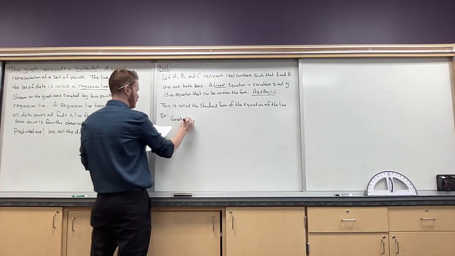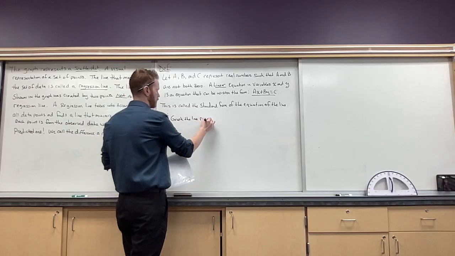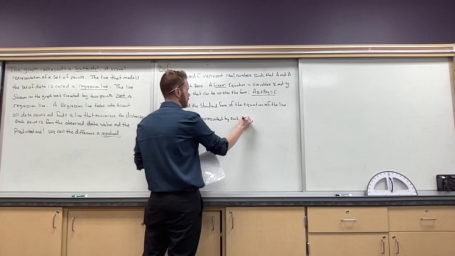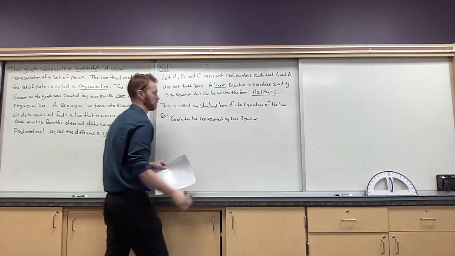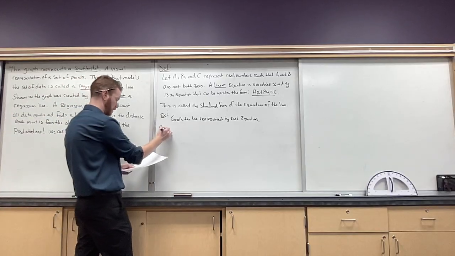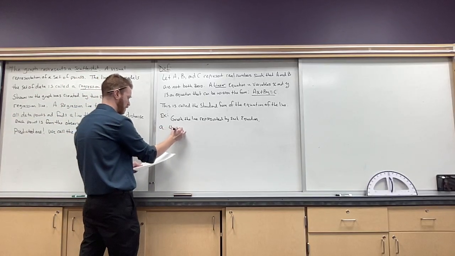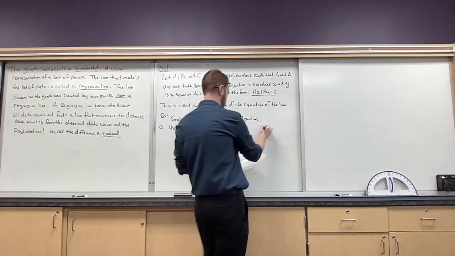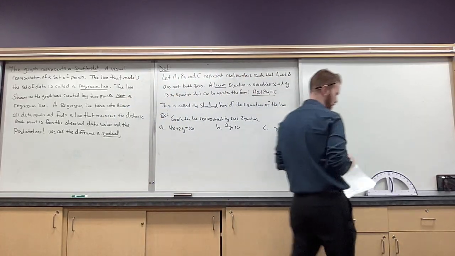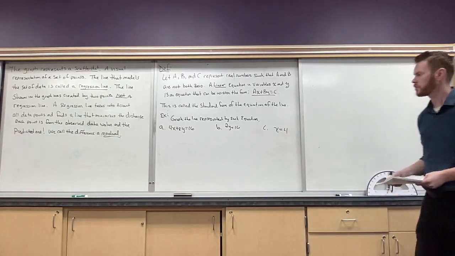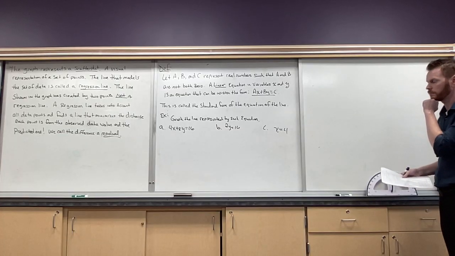We're going to graph the line represented by each equation. Okay? So we've got 3 examples here. Part A, part B, and part C. Okay? So in your notes, if you'd like, you can go ahead and just draw a nice little coordinate grid underneath it, just something that you can start plotting points with.